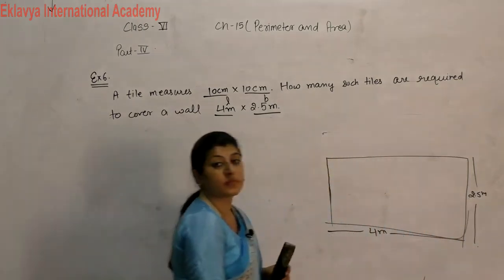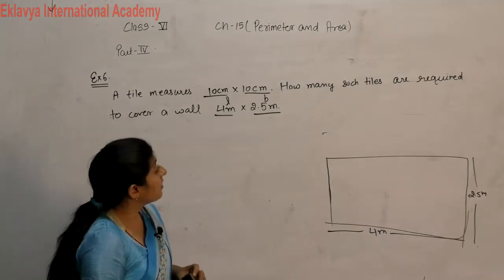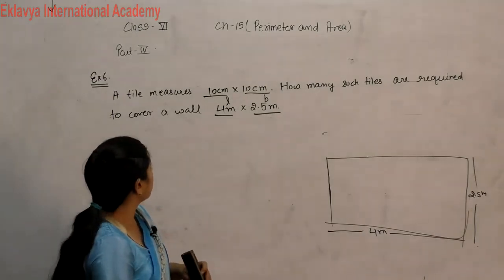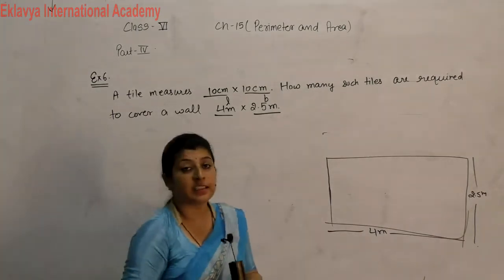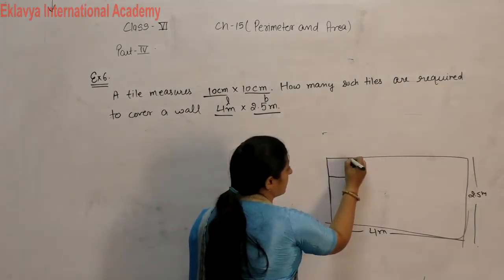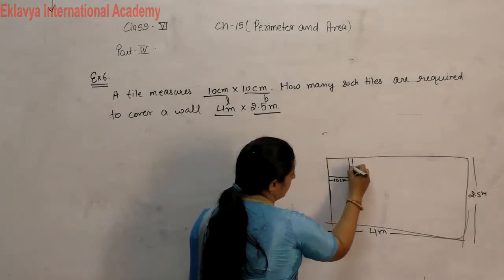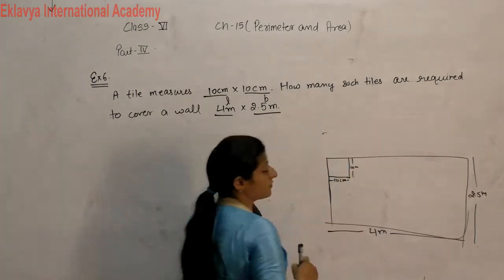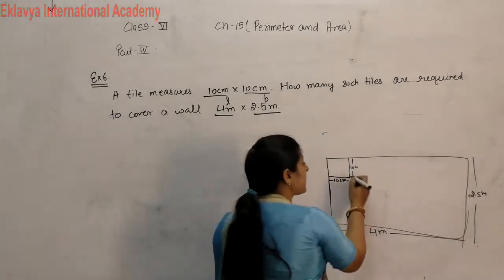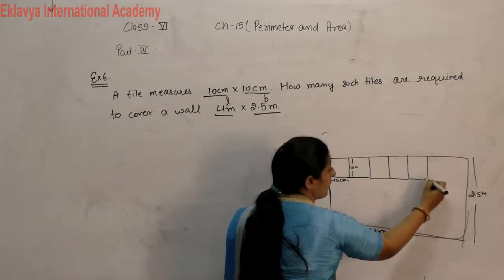You want to cover this wall with tiles. If I put one tile here, the tile is a square like this.